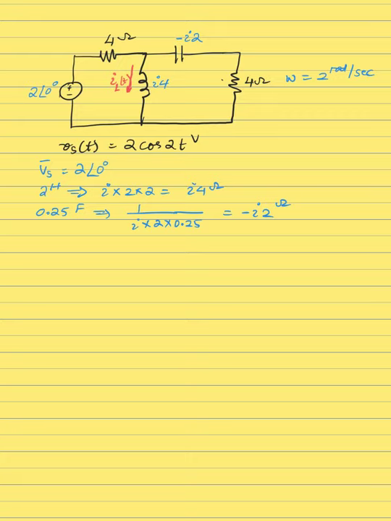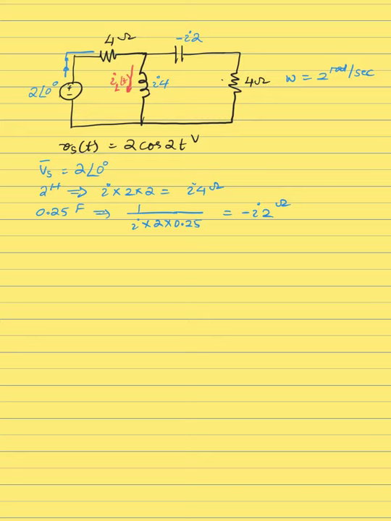Another possibility is you can always use circuit reduction. Since we have already practiced mesh analysis, let's use circuit reduction. In circuit reduction, my plan is to calculate the current flowing from the source, which is the same current that is going to flow through the 4 ohms.